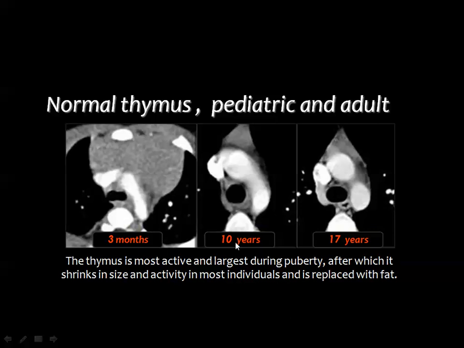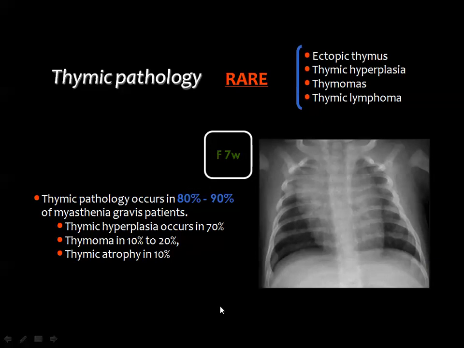Then at 10 years, then at 17 years, you see minimal tissue in the anterior mediastinum, which represents the remnants of the thymic gland. And thymic pathology generally is rare, concerning the ectopic thymus, hyperplasia, thymoma, thymic lymphoma.